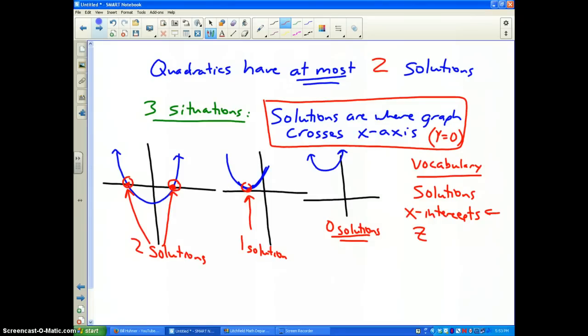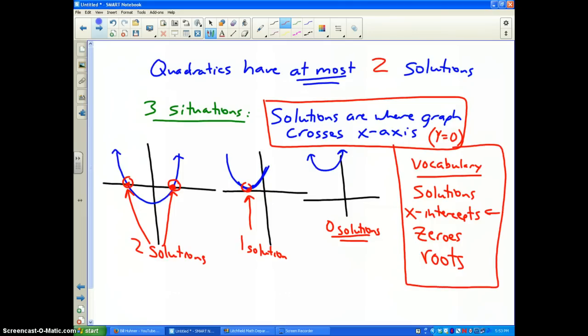They are also sometimes called the zeros of the function. And last, sometimes your textbook will use the word roots. All four of those words are referring to these solutions. Wherever the graph touches the x-axis, those are called roots, zeros, x-intercepts, or the solutions to the problem. Memorize that vocabulary. All those words go together.